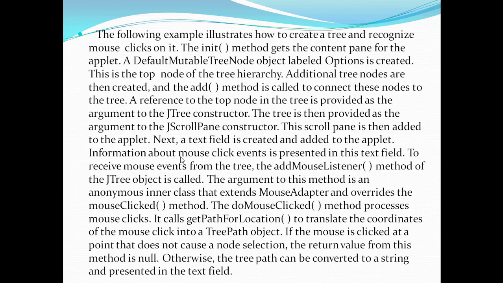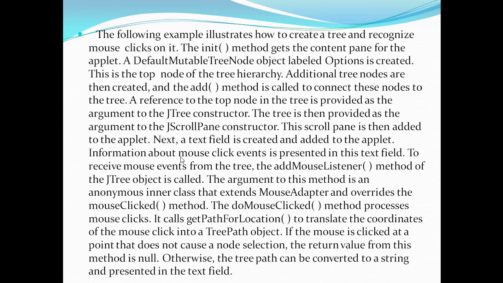Here we have used an anonymous inner class that extends the MouseAdapter class and overrides the mouseClicked method. The mouseClicked method processes mouse clicks. It calls getPathForLocation to translate the coordinates of the mouse click into a TreePath object. If the mouse is clicked at a point that does not cause a node selection, the return value from this method is null. Otherwise, the tree path can be converted to a string and presented in the text field.